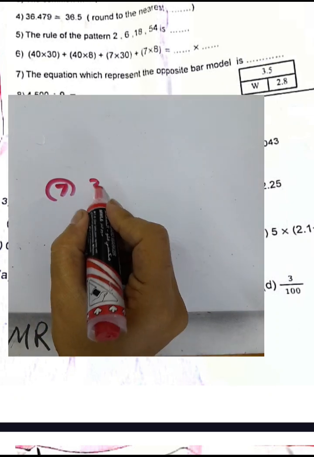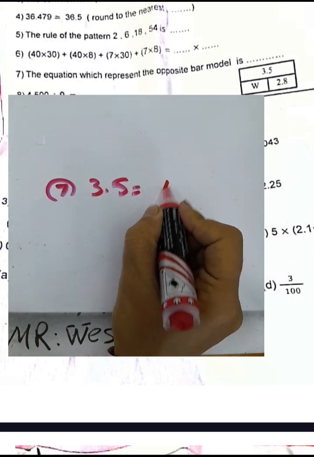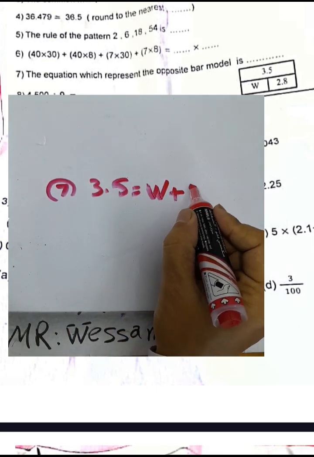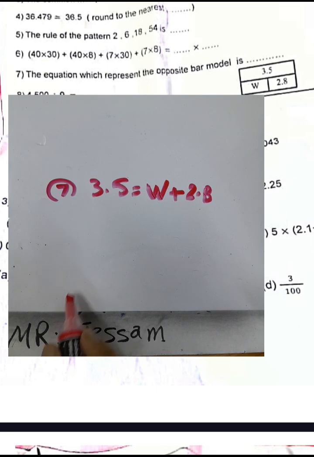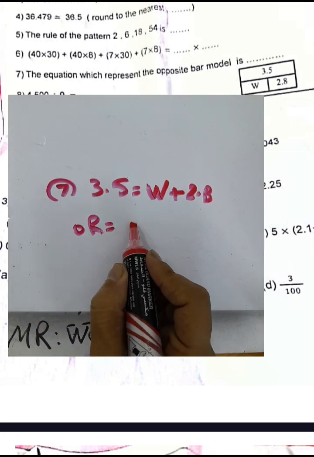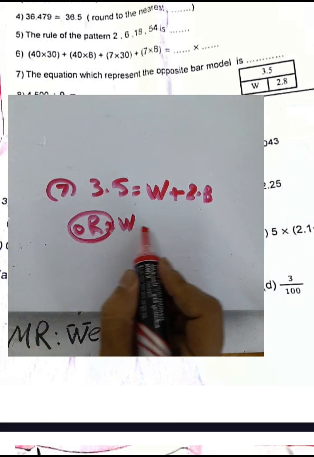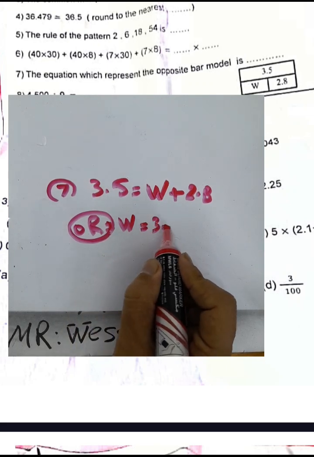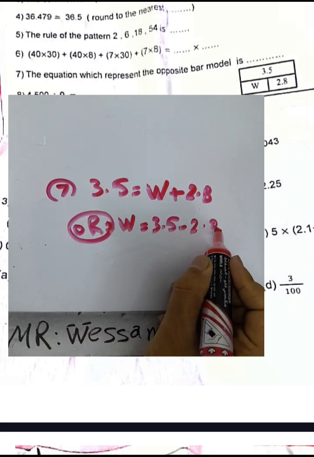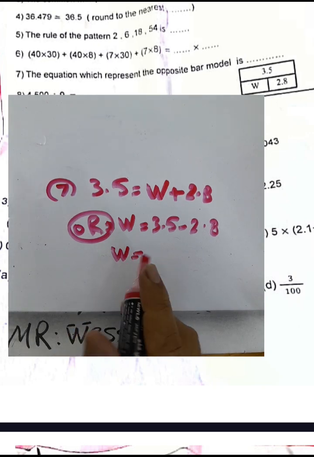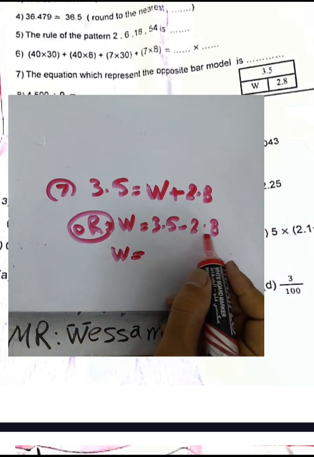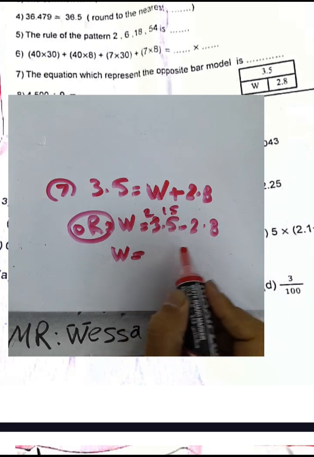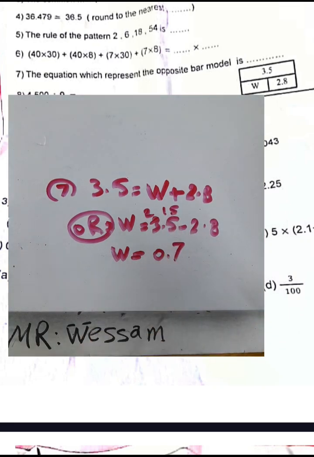Then 3.5 equals W plus 2.8, or you can write W equals 3.5 subtract 0.8, and then find the variable W. 5 minus 8, we can't do it. 15 minus 8 is 7. Write 0, the result will be 7 tenths.